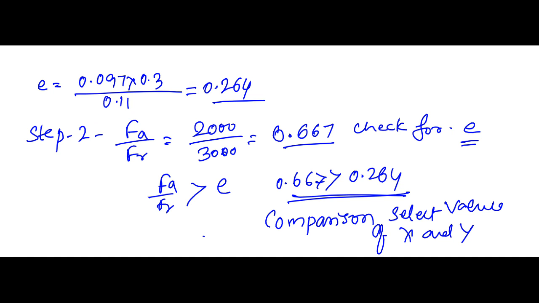You refer to column number 10 for the value of X, and column number 11 or 13 for the value of Y. Now as 0.667 is greater than 0.264.